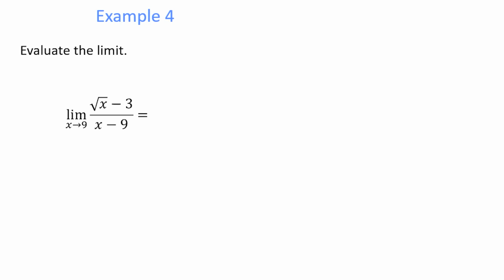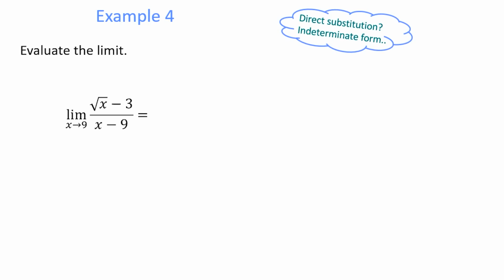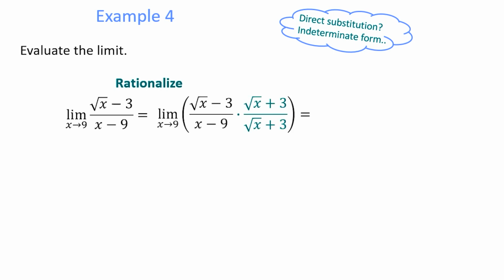And one more question here. Again, you can pause the video and see what you get if you use direct substitution. Here, again, we would get indeterminate form, so we will need to use another trick to get a simpler fraction. Here we can rationalize the numerator. This means that we will have to multiply with a fraction that is equal to 1, but it's in a good form for us.